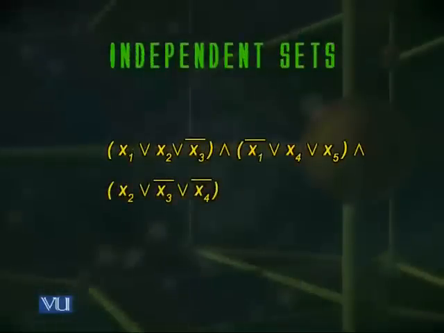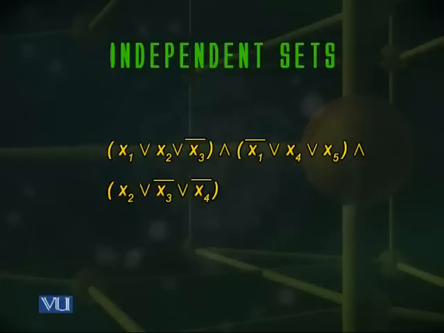So let's take this formula which is written on your screen, and this formula has 3 clauses in it. The first clause is x1 or x2 or x3 bar, so it has 3 literals. The second clause is x1 bar or x4 or x5, and the third clause is x2 or x3 bar or x4 bar.